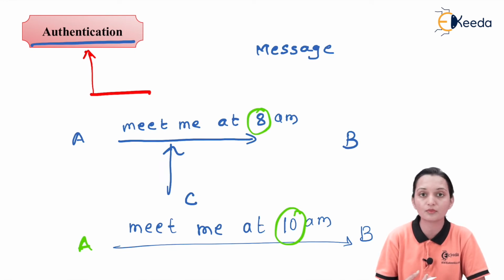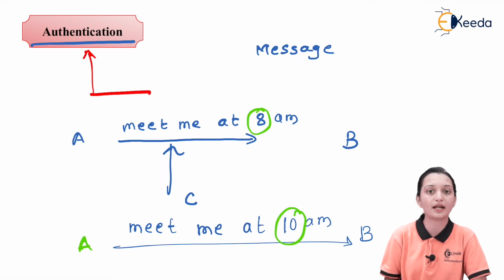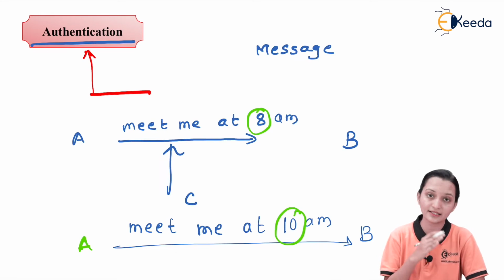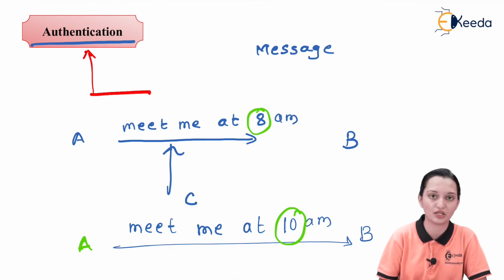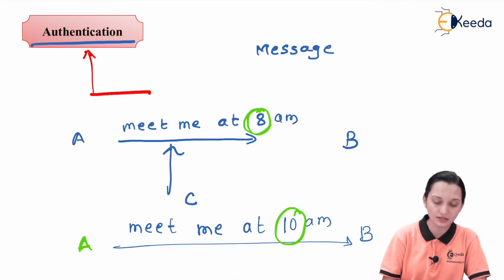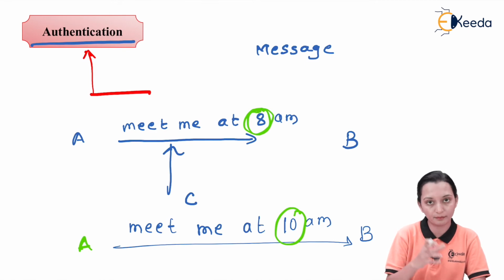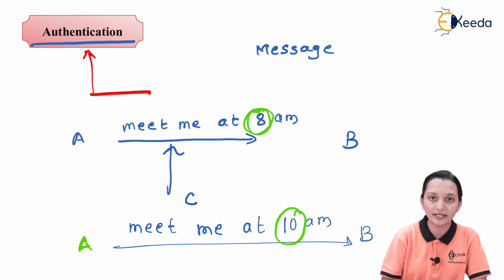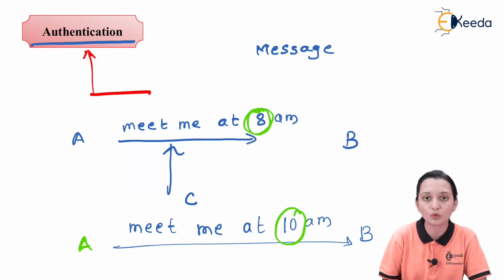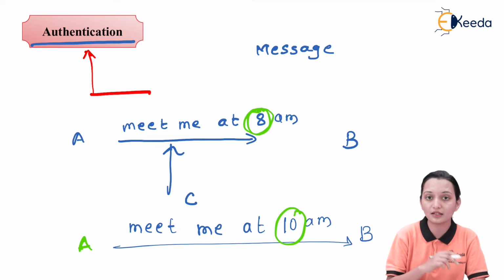What is meant by decryption? After decrypting that message, you should get exactly the same message as the original message, and this is not the original message. The original message is this. So the number of bits can be changed. For writing down the 8, suppose I am going to use 1 bit. Writing down the 10, I am going to use 2 bits. So the number of bits in the plain text and ciphertext are going to change.